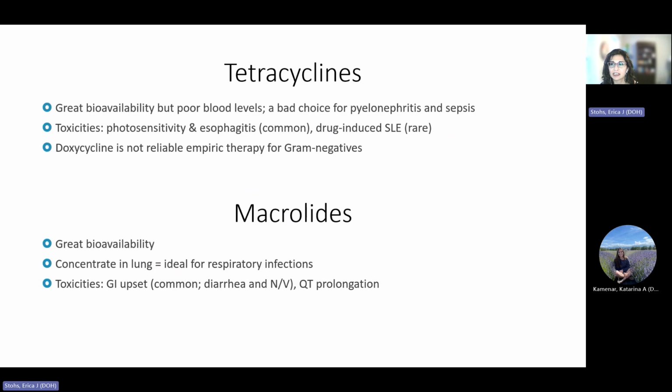The tetracyclines, the main antibiotic to think about with this one is doxycycline. Doxycycline does have good bioavailability. It gets to tissues quickly, but actually it stays in the blood very little. It goes quick. So we would not want to use doxycycline for infections like pyelonephritis or sepsis.